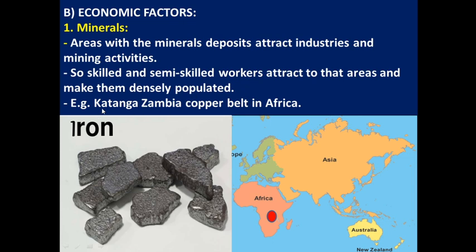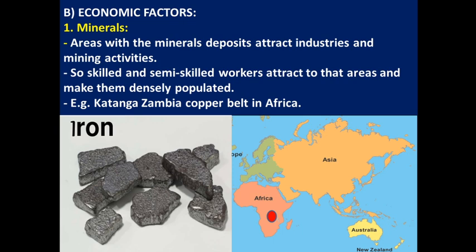For example, the Katanga Zambia copper belt in Africa. In this region, the density of population is very high. One main reason is that here we have a copper belt, a rich copper deposit. Because of that, industries are built, and they are doing mining activities.